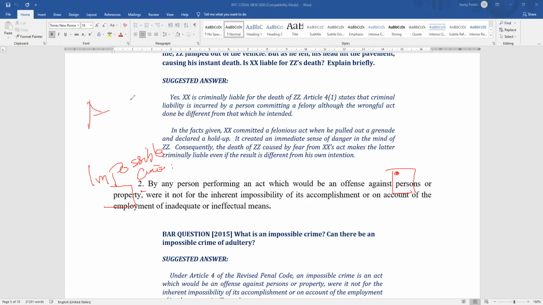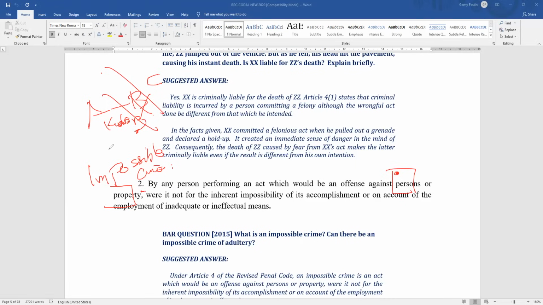So si A kinidnap ang isang tao, akala niya si B, from Manila to Pangasinan. It turned out that the person was not B, it was C. Ay mali. Meron bang impossible crime? Wala. Bakit? Kidnapping is what crime?